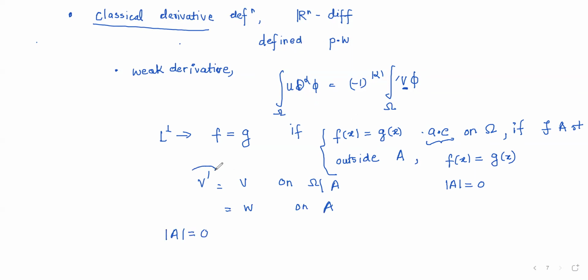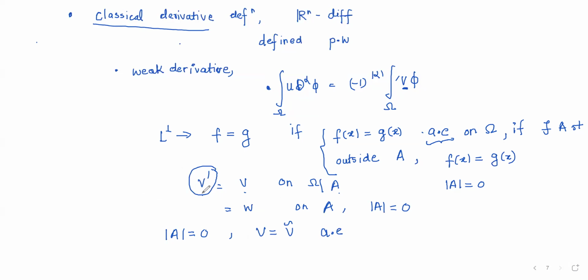Then this v prime also satisfies this integration by parts. But you see v prime is v on omega minus A, and takes a different value on a measure 0 set. So this means that v and v prime are equal almost everywhere.